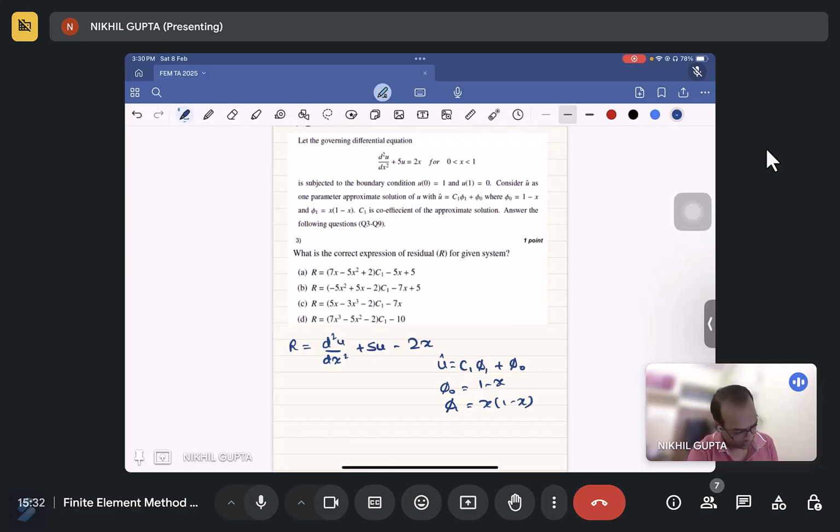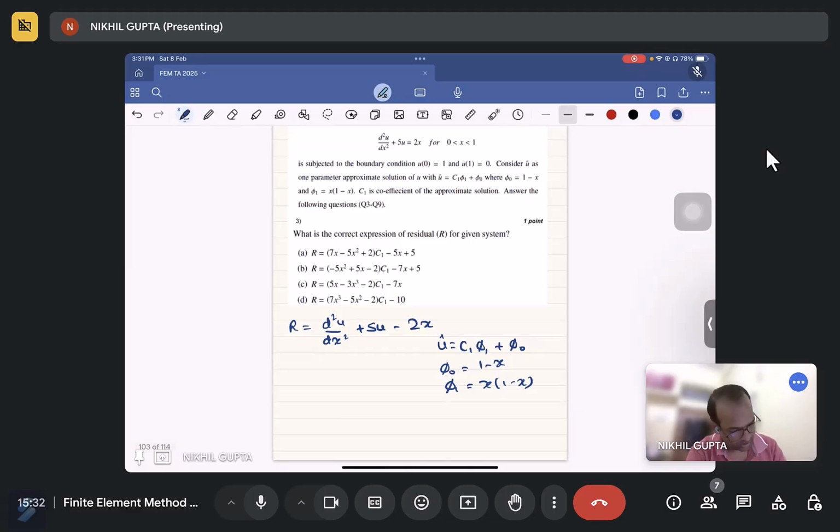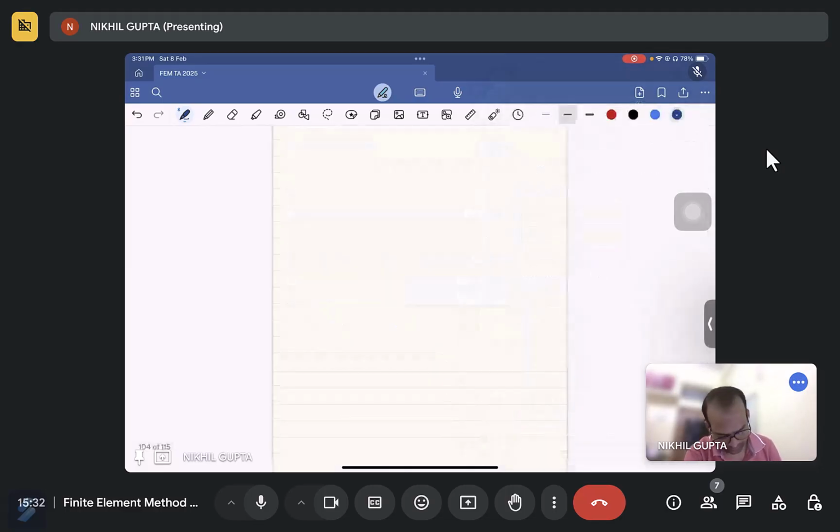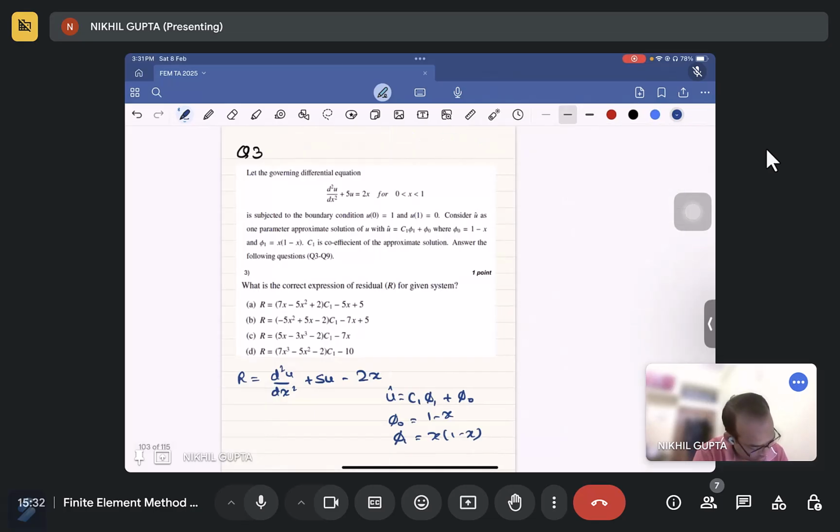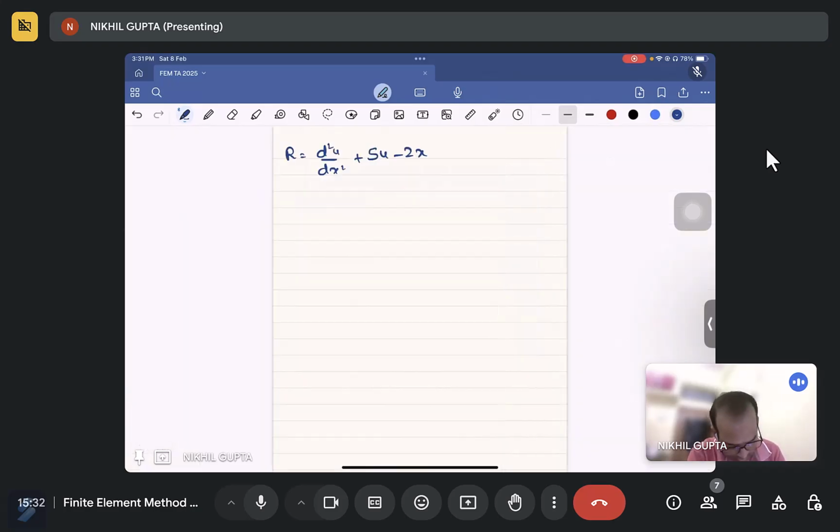So we can put it in the value of r, which will be r equals d2u by dx square plus 5u minus 2x. The same thing I will get. Next one, so we c1 d2 phi 1 by dx square.